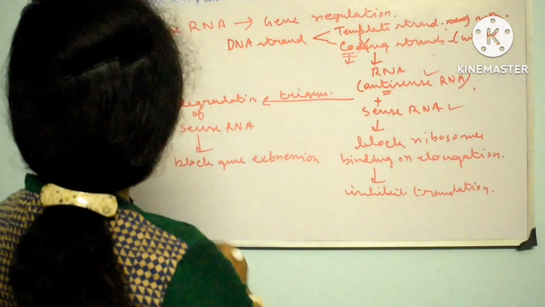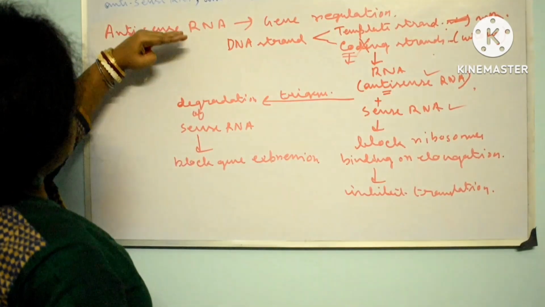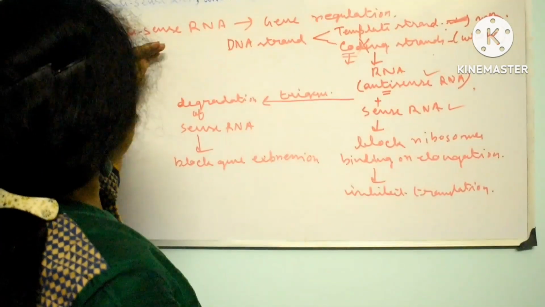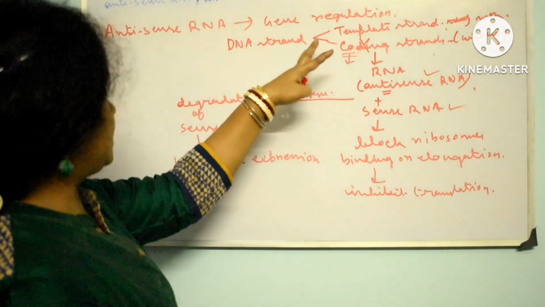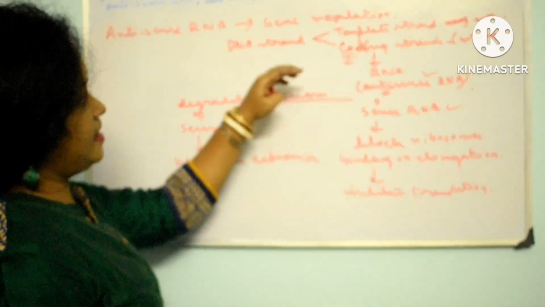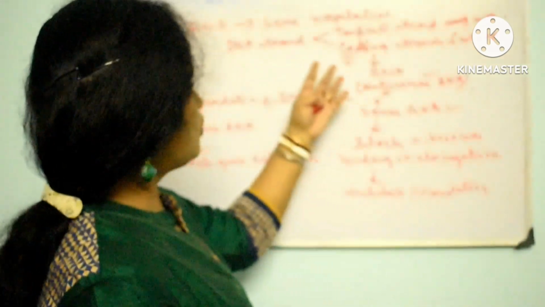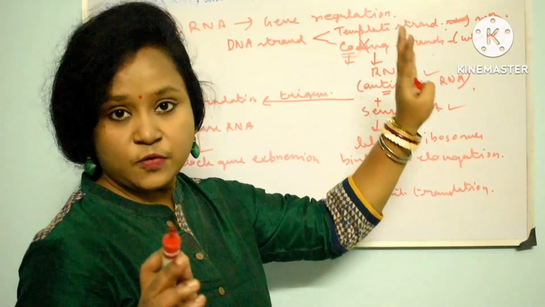So now let's summarize. It's about a special type of RNA, antisense RNA. Antisense RNA helps in gene regulation. How is antisense RNA produced? Antisense RNA is produced from the wrong strand of DNA, not from the template strand.